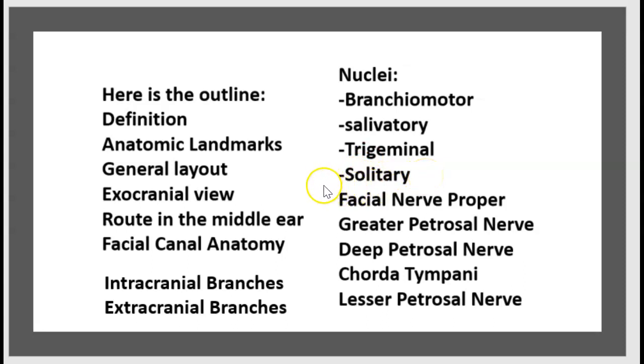And then facial nerve proper, greater petrosal nerve, deep petrosal nerve, chorda tympani, and lesser petrosal nerve.